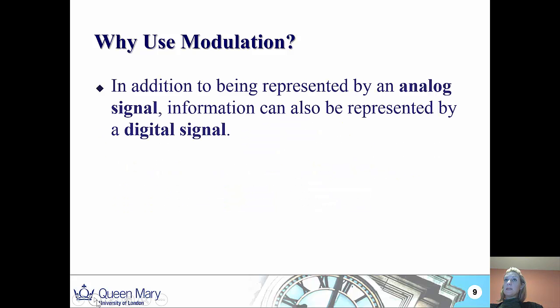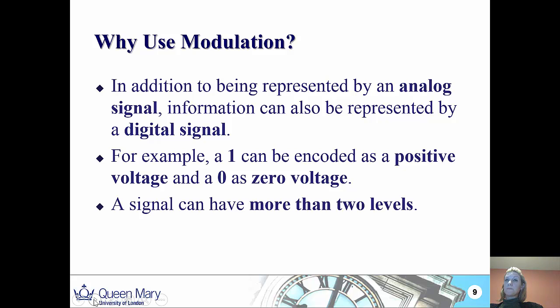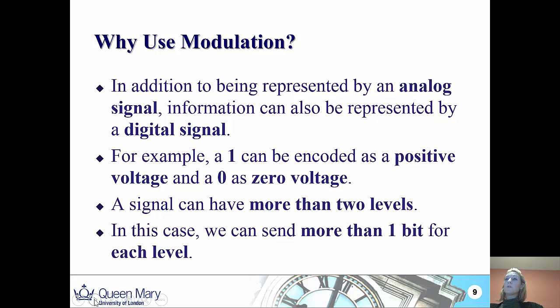So in addition to being represented by an analog signal, information can also be represented by digital signals. So we have our binary ones and zeros here, which are representing positive and zero voltages. As we've seen in our signal level slides, a signal can have more than 2 levels. So we can encode multiple bits of information for each level, and thereby increase the effective capacity of the communication channel.